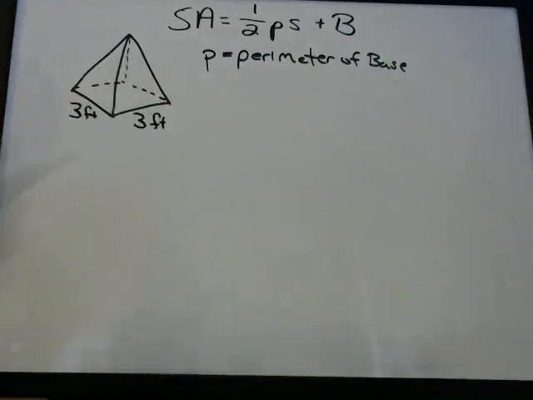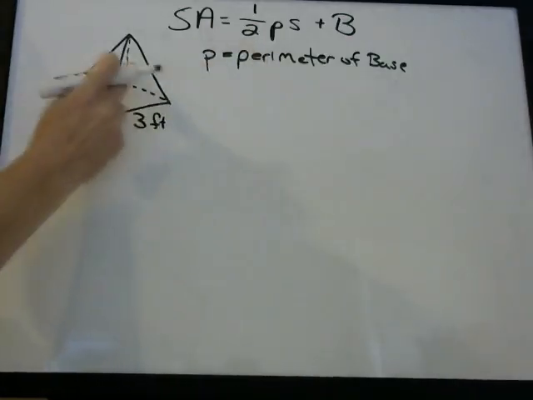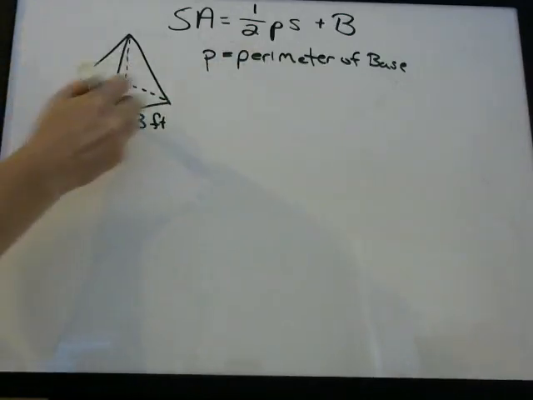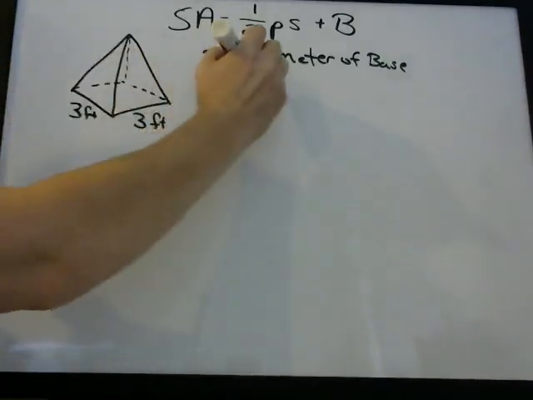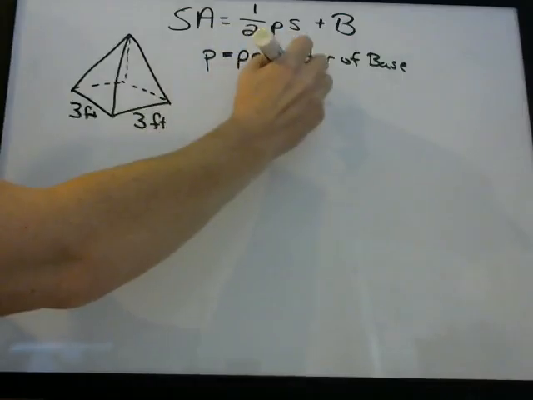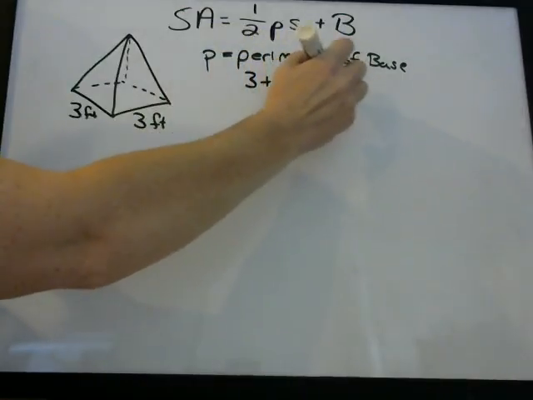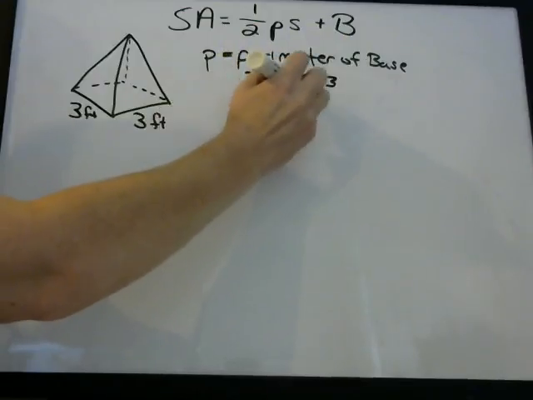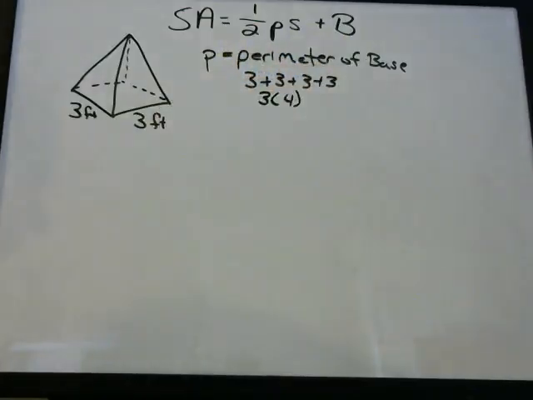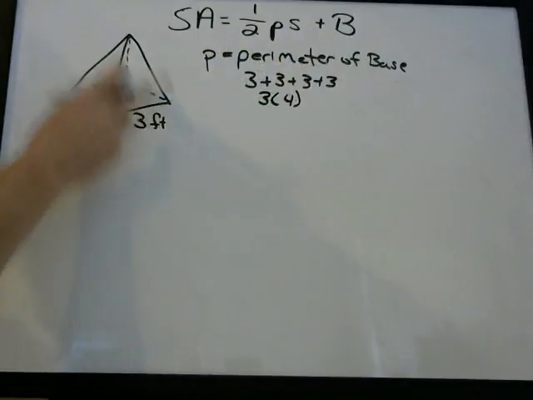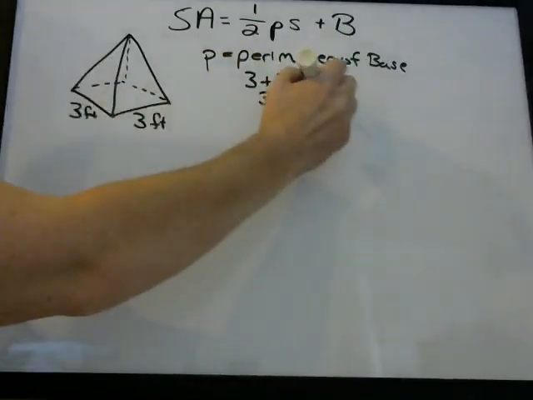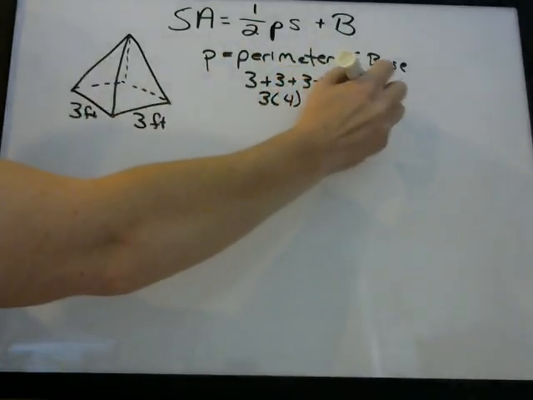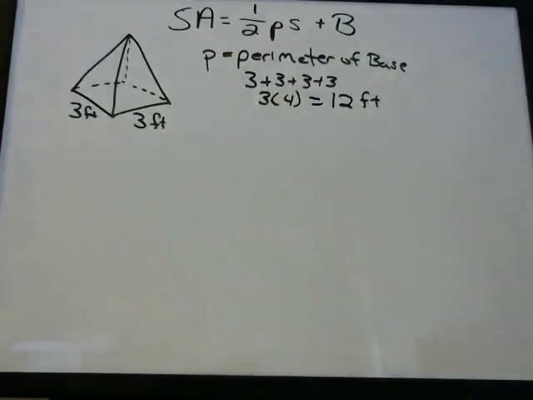You add up the sides: 3 plus 3 plus 3 plus 3, or 3 times 4, whichever makes most sense to you, and you get 12 feet. That's what your P is.